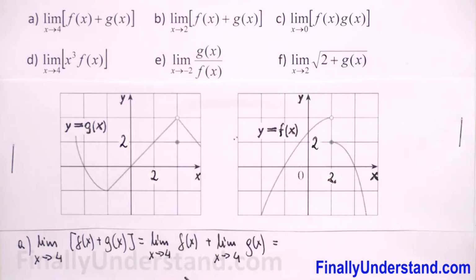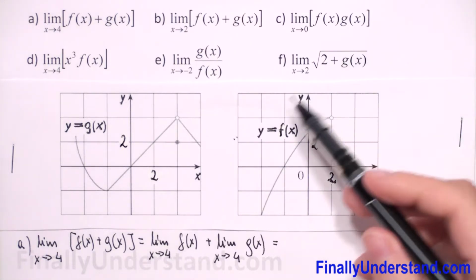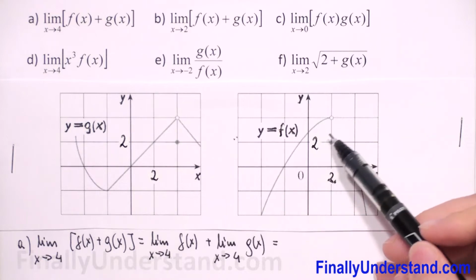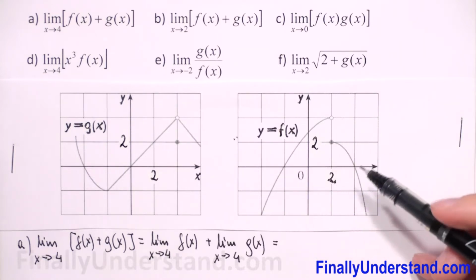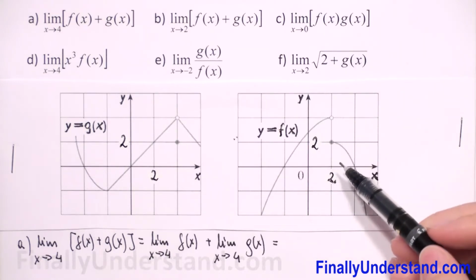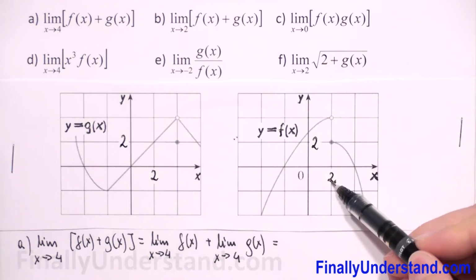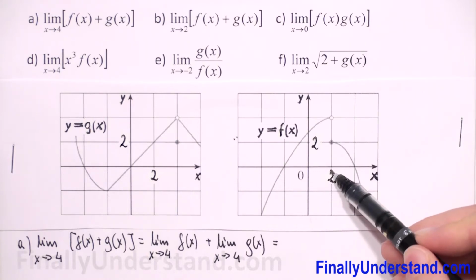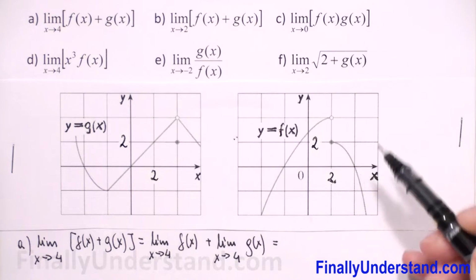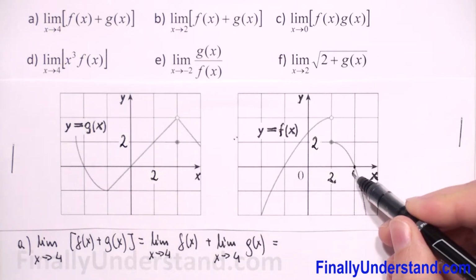So first we have to find the limit as x approaches 4 of f of x. This is our f of x function, and we see that here we have 2, so the next will be 4. This is 4.